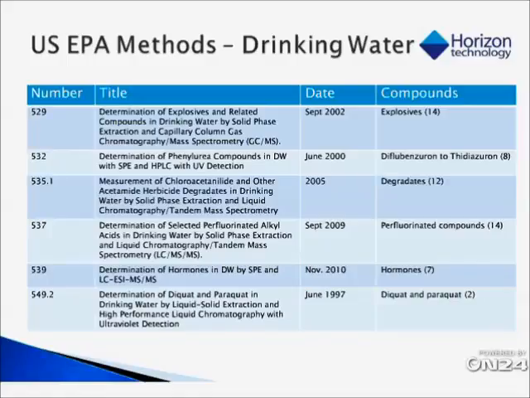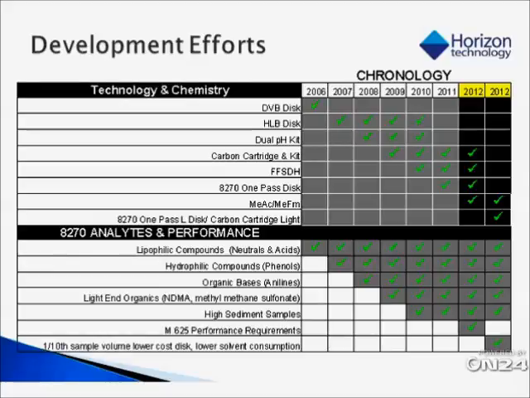Now, we are working with the EPA on wastewater methods, specifically EPA 625, which is a wastewater method similar to 8270, which has a very large suite of analytes. This slide shows some of the development efforts by Horizon.